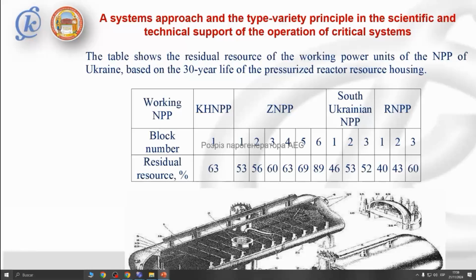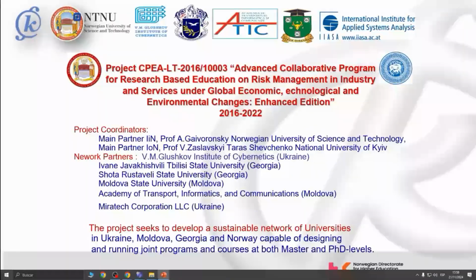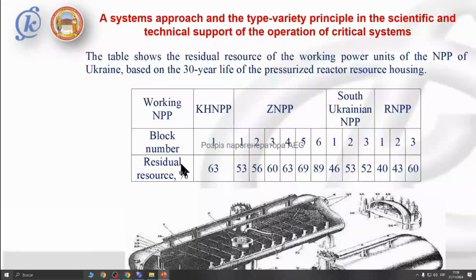Also, this idea with type variety was useful for finding a defect in a complex system. In this picture, you will see some elements of an NPP system, a nuclear power system, for different Ukrainian NPPs: Khmelnytskaya, Zaporozhskaya, Rovinskaya.